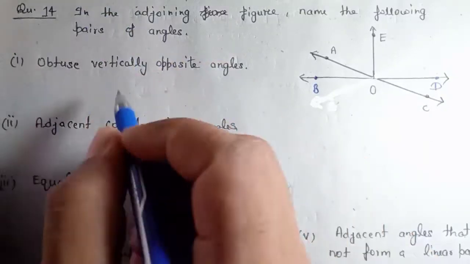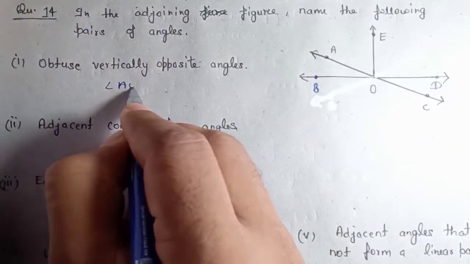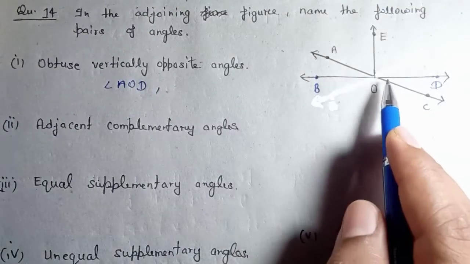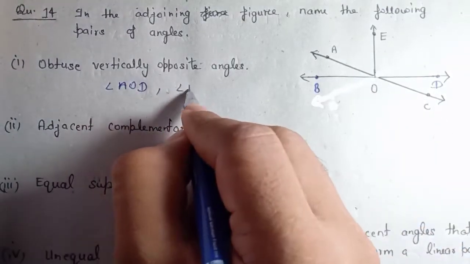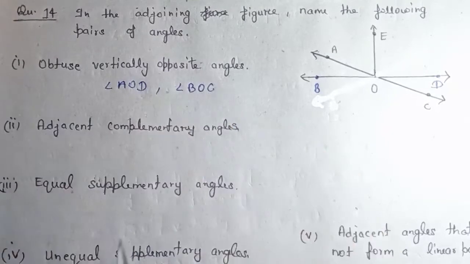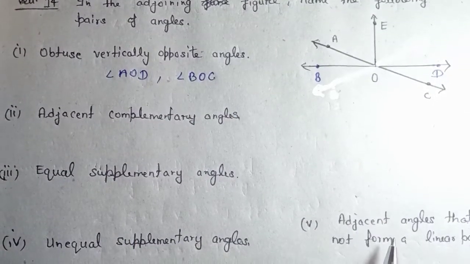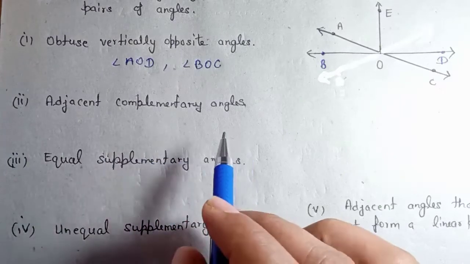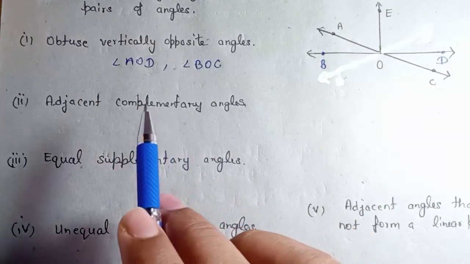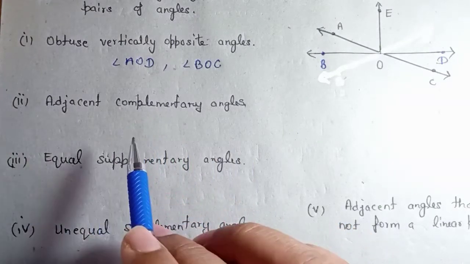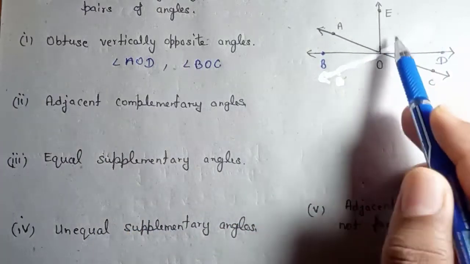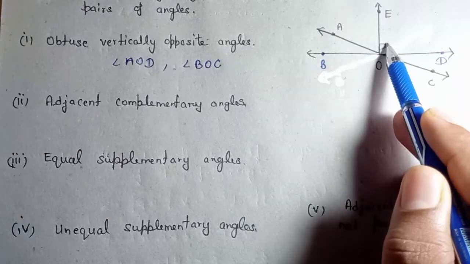So the pair is angle AOD and angle BOC. Now we have question number second. Adjacent complementary angle means we have to find a set of complementary angles and you can see here this angle is formed on 90 degree.